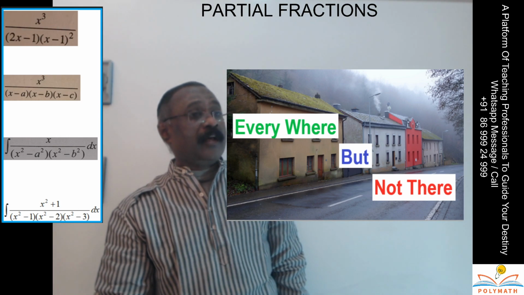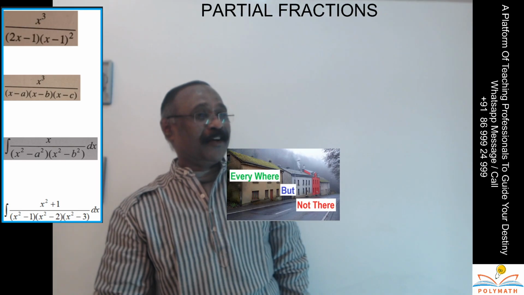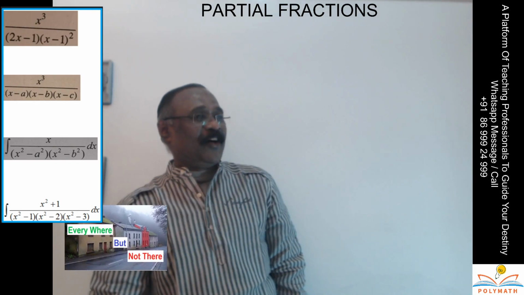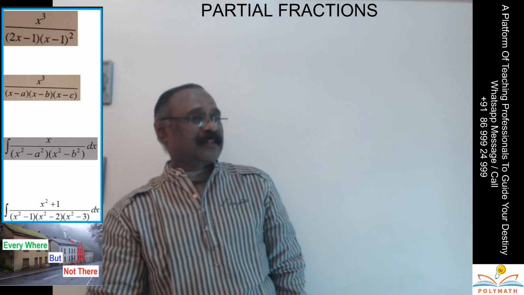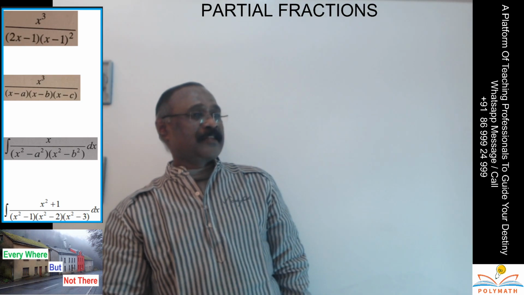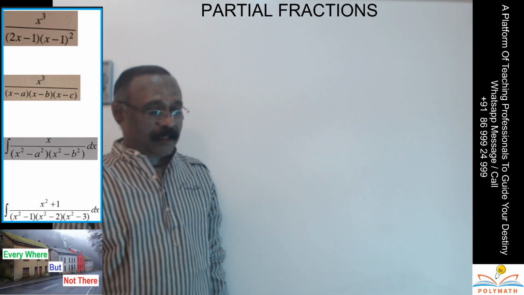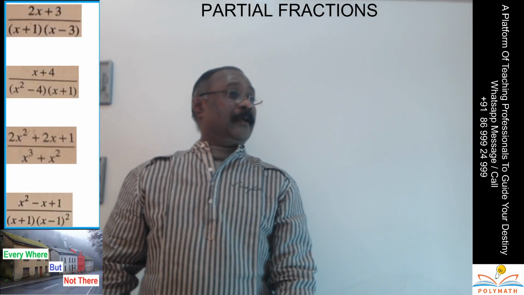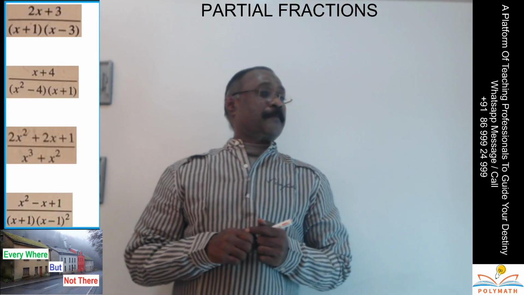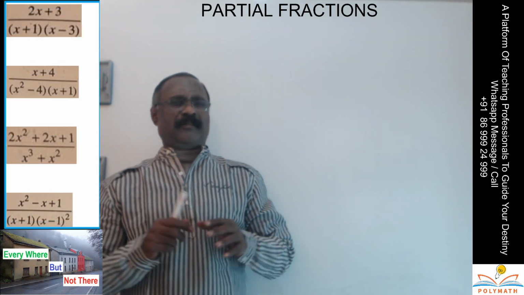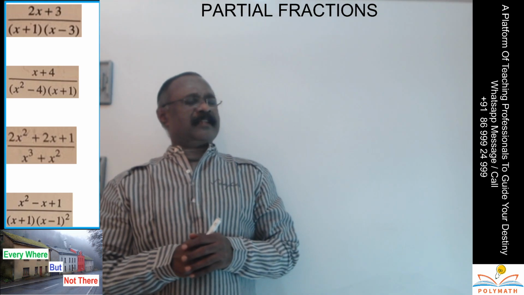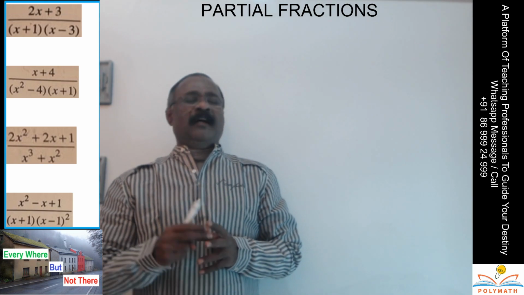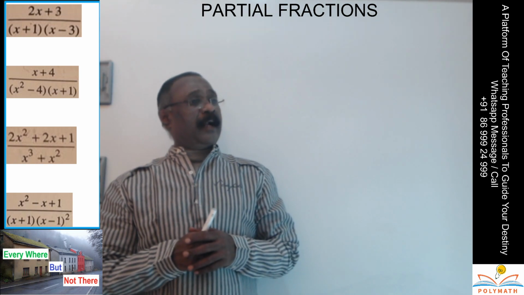So let us see what is this everywhere but not there. If you see the first problem, I have chosen some problems just to make you understand this principle. Let me start with the basic problem, that is (2x+3) divided by (x+1)(x-3). Very simple. See the denominator. In the denominator, there are two factors, x plus 1 and x minus 3.